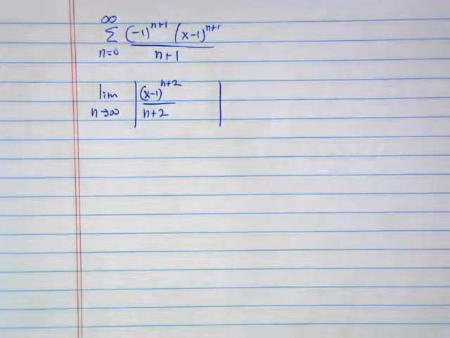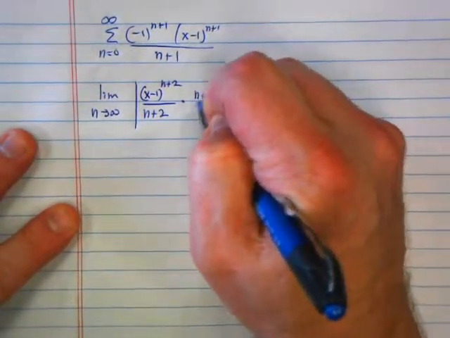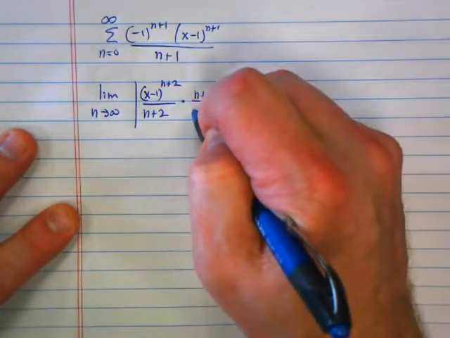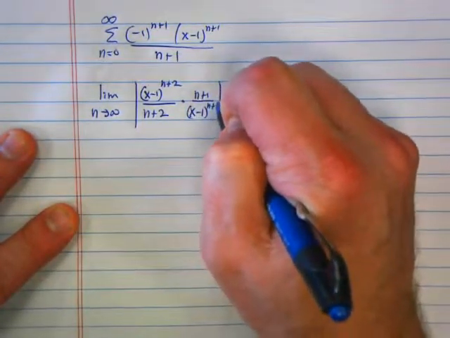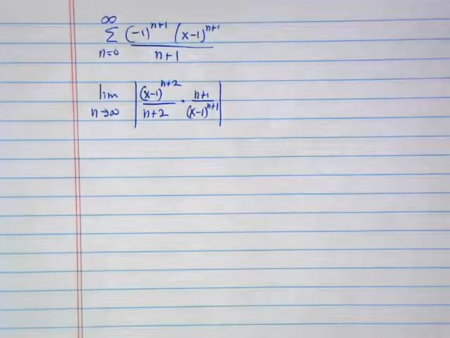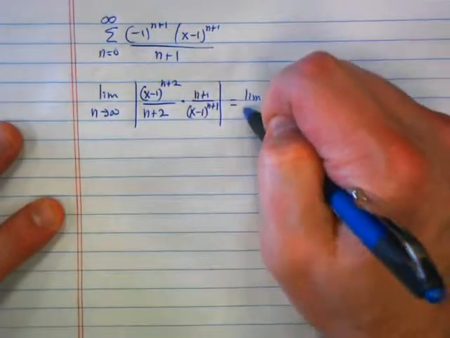There's my a sub n plus 1 term. I flip and multiply by my a sub n term, so that's n plus 1 over x minus 1 to the n plus 1. Reduce, limit as n goes to infinity.